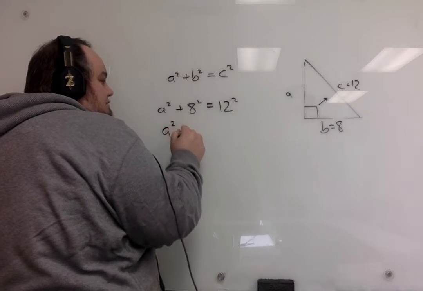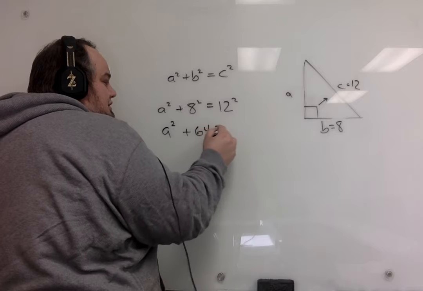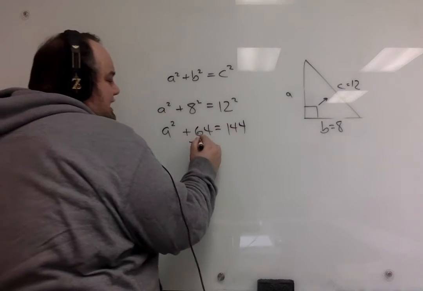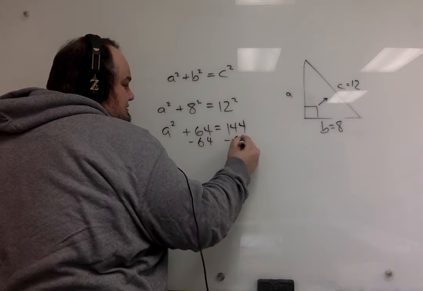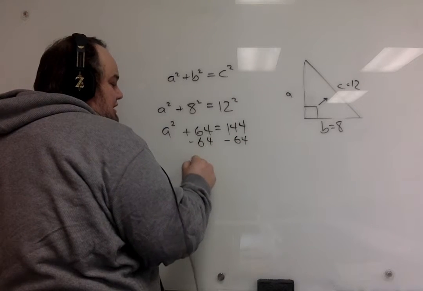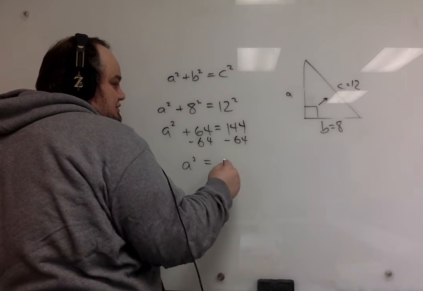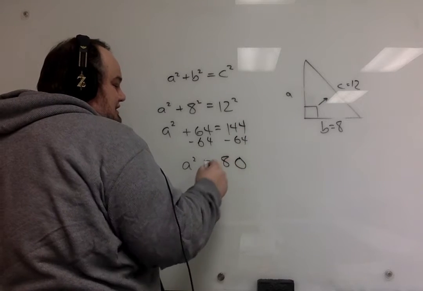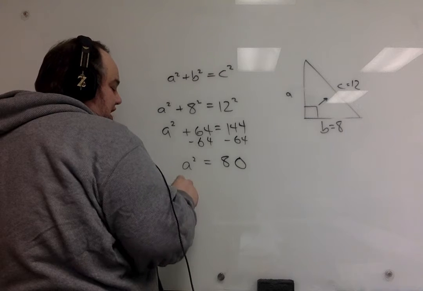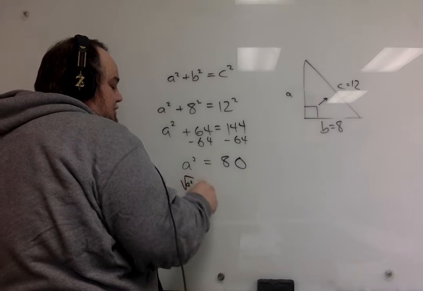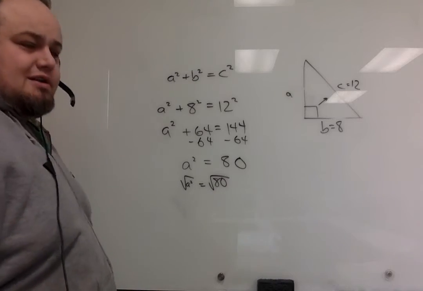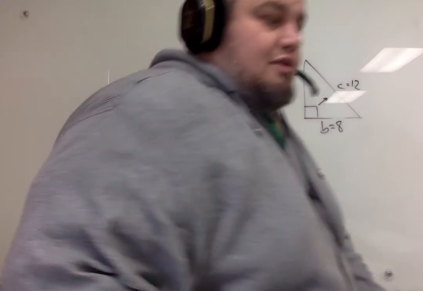So a squared plus 64 equals 144. Then we subtract 64 from both sides, and 144 minus 64 is 80. So a squared is equal to 80. Take the square root of both sides, and we get that a is equal to the square root of 80.